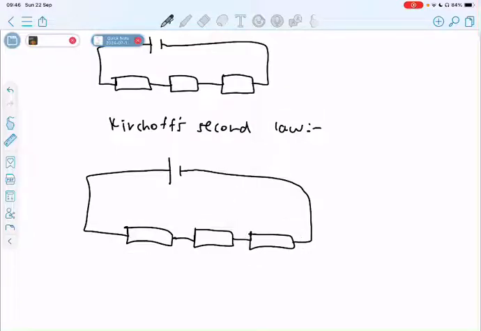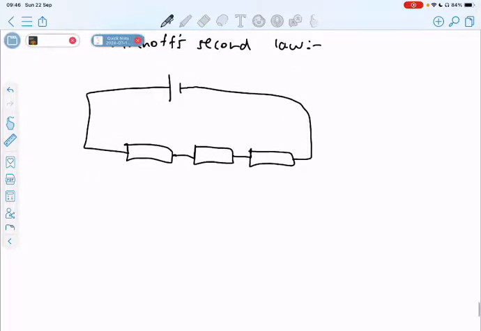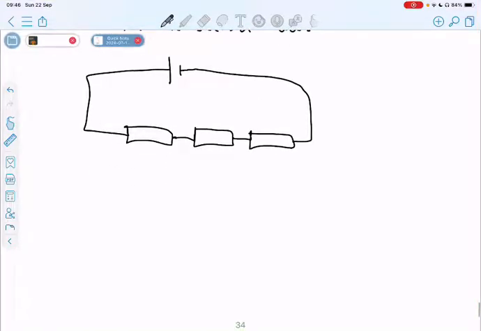So Kirchhoff's second law states that the sum of all voltages in a series circuit is equal to the battery voltage. So V battery, V1, V2, V3: V battery is equal to V1 plus V2 plus V3.